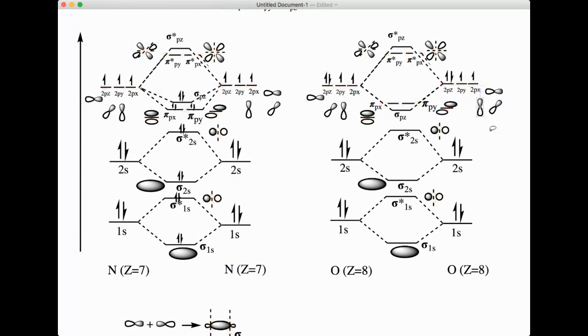That's the only thing that is going to change. So now, same question again. How many electrons should we place in the molecular orbital diagram of the O2 molecule? 16, 8 from each oxygen atom, right? So I'm going to go filling up from bottom to top, 16.